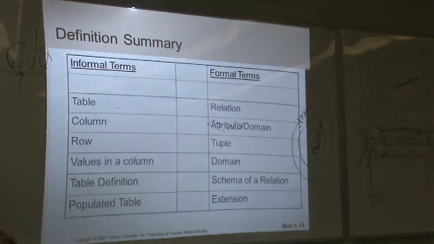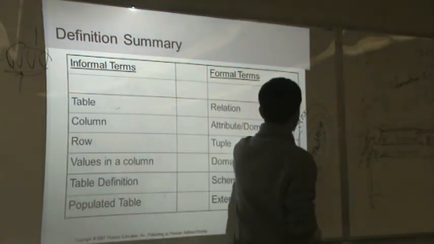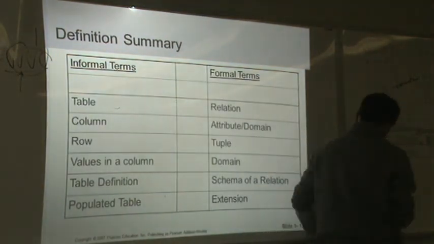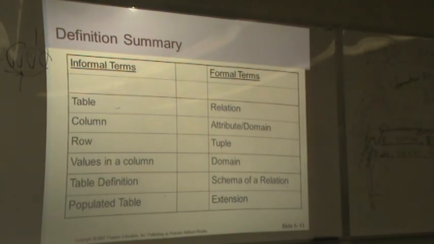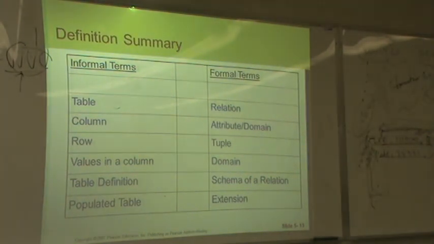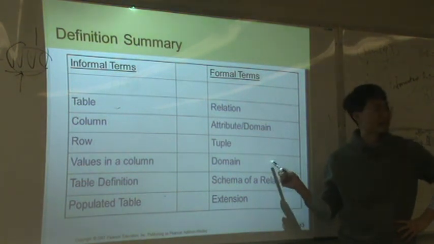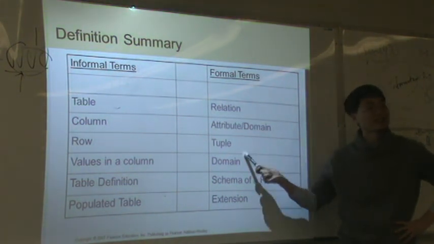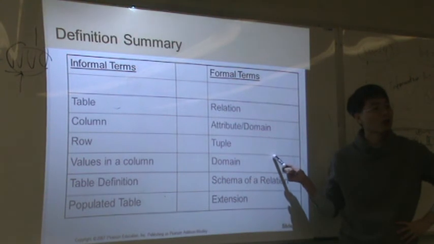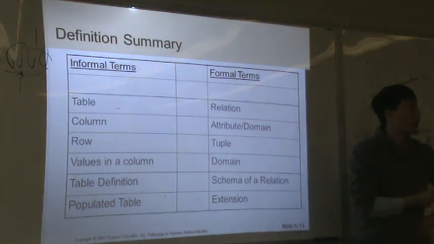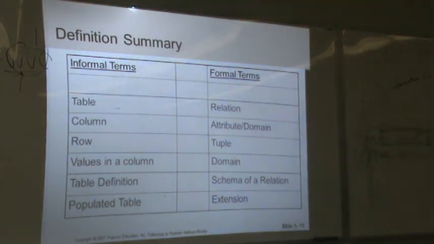So this slide shows a summary of the definition, informal way and formal way. As I said, formal way means what is used in mathematics. In other words, it is used for papers. So for example, I have a new idea of a database model.